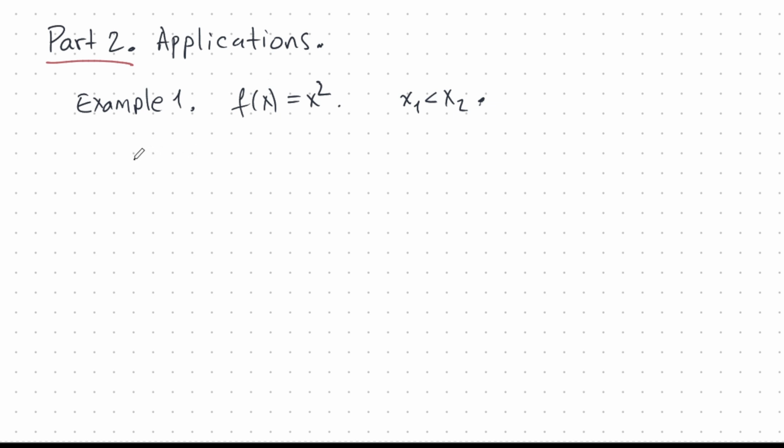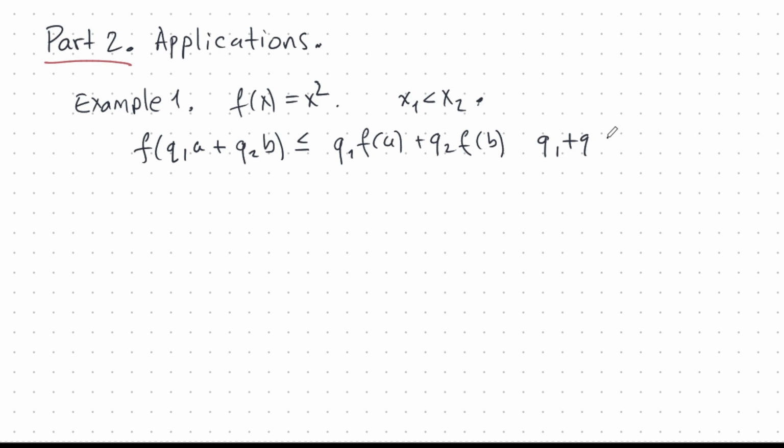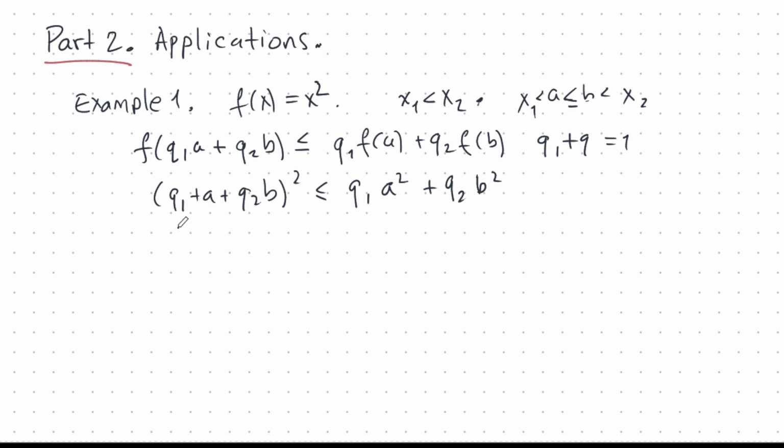So write down Jensen's inequality: f of Q1A plus Q2B is less than or equal to this combination, where Q1 plus Q2 is equal to 1, and of course A is less than or equal to B, inside this domain of convexity. What do we get when we plug all this in? We get this, take the square root of both sides, and we have this.